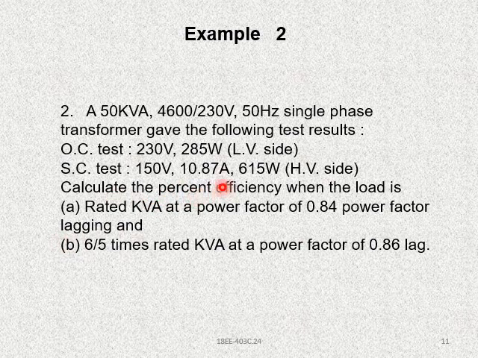Calculate the percent efficiency when the load is number 1, rated kVA at a power factor of 0.84 lagging, and number 2, 6 by 5 times rated kVA at a power factor of 0.86 lag.